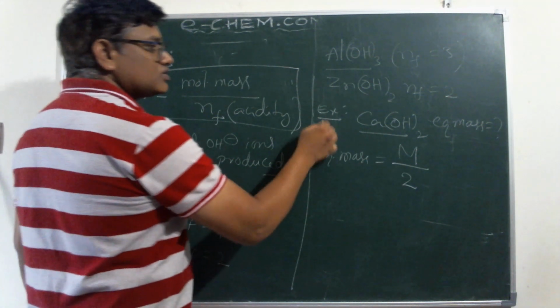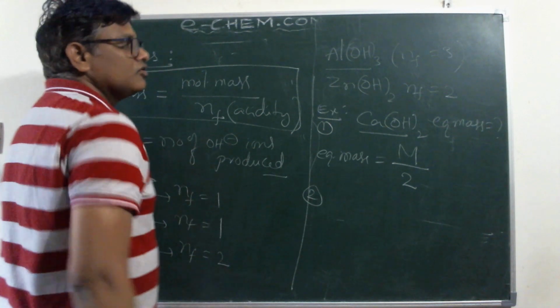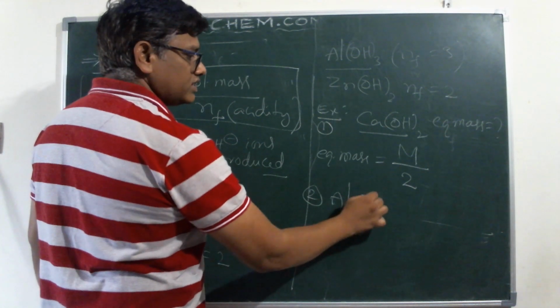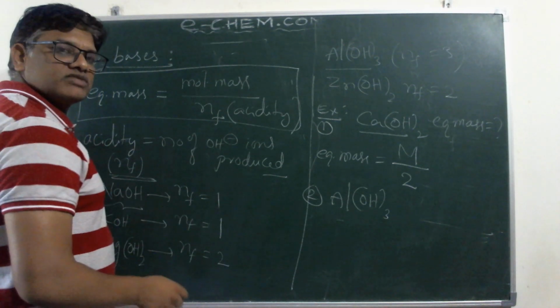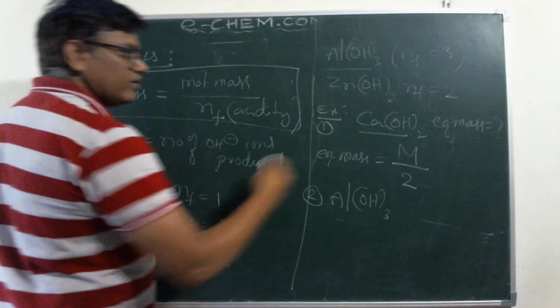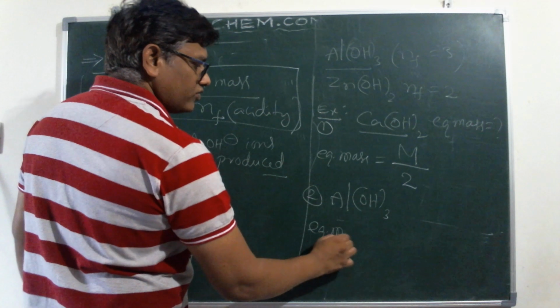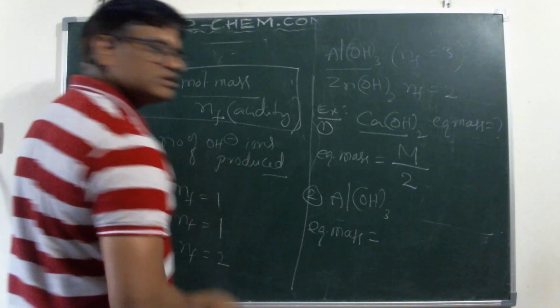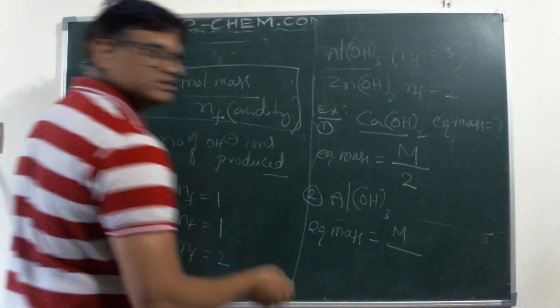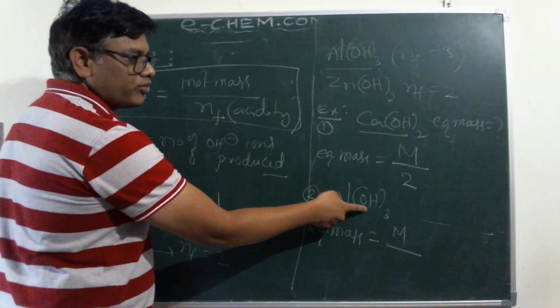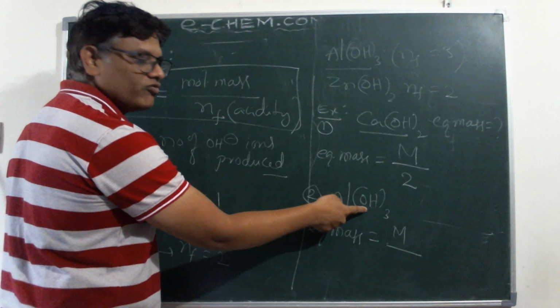One more example could be taken here. For example, I am taking aluminium hydroxide. Let's calculate the equivalent mass for aluminium hydroxide. Equivalent mass for aluminium hydroxide is equal to the molar mass of aluminium hydroxide, M, over the number of hydroxyl groups produced from 1 mole of the compound.